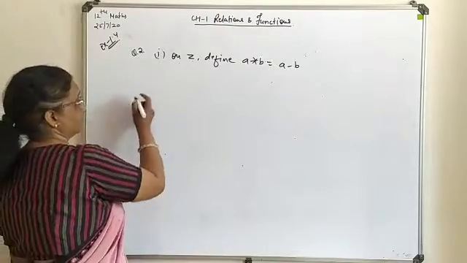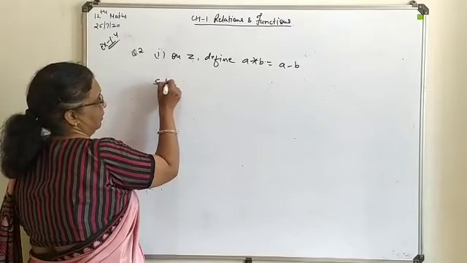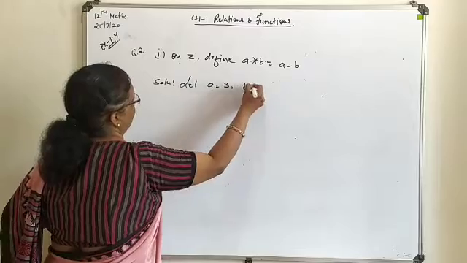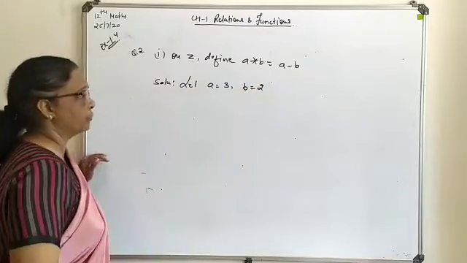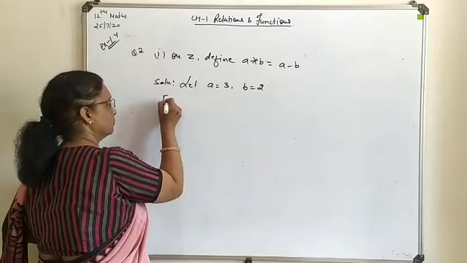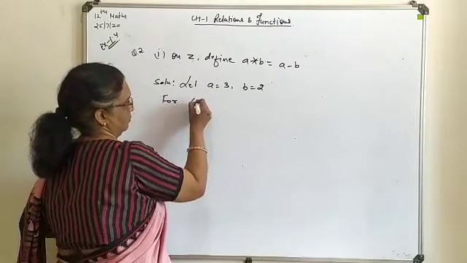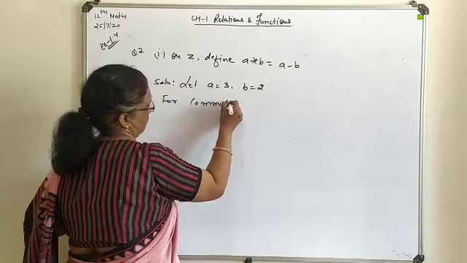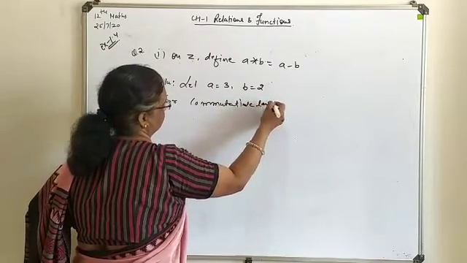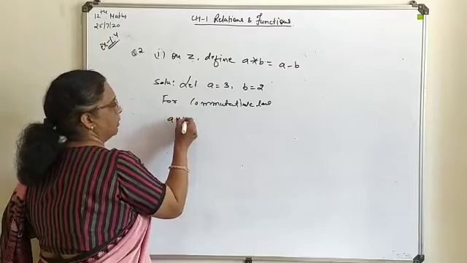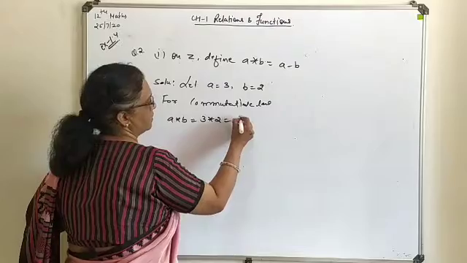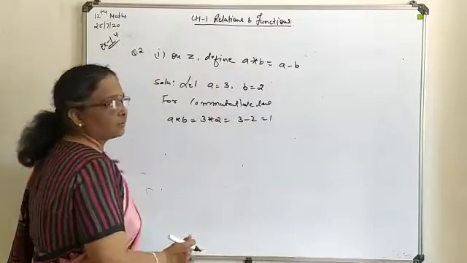So here let A is equal to 3 and B is equal to 2. So for commutative law, A star B, that means 3 operate with 2, the same way, means 3 minus 2, the answer is 1.